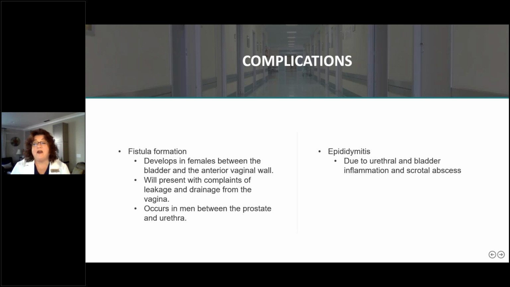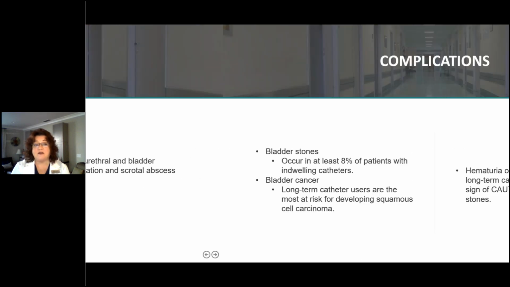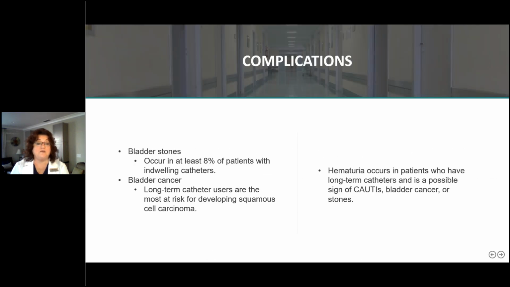Epididymitis, that can be because of urethral and bladder inflammation, and a scrotal abscess can form. So we need to watch for these different complications. Bladder stones, at least 8% of patients with indwelling catheters will get bladder stones.